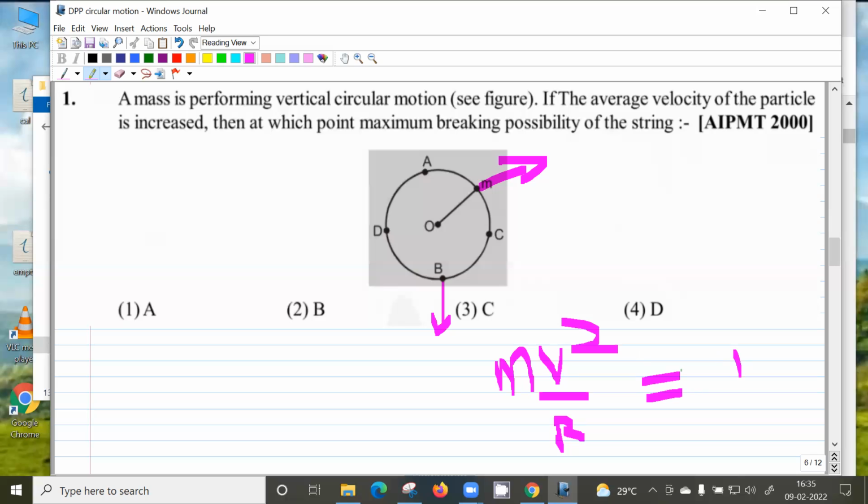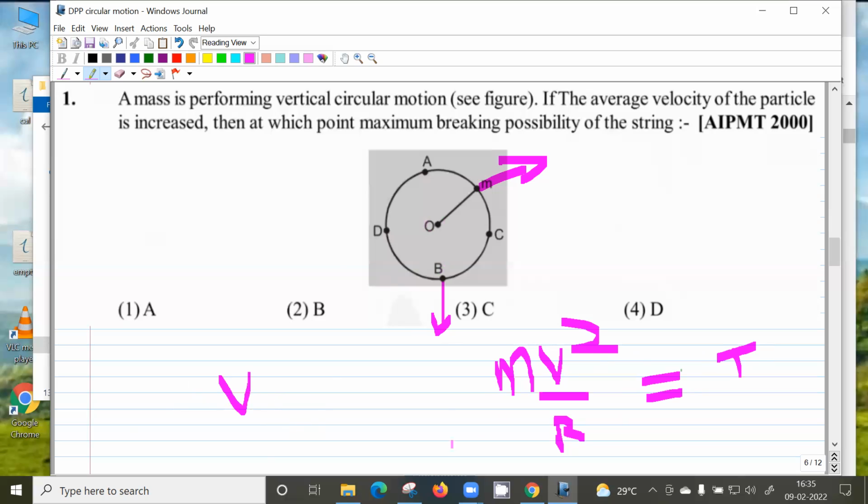Sorry, mg is there. Right, mg is also there. And mg is a component depending on the position. So tension depends on the velocity, and also the direction of mg.